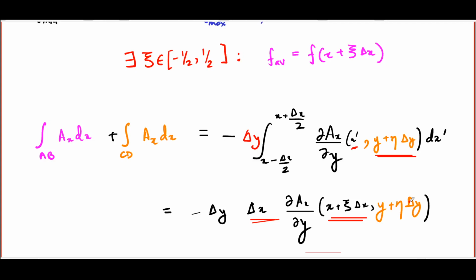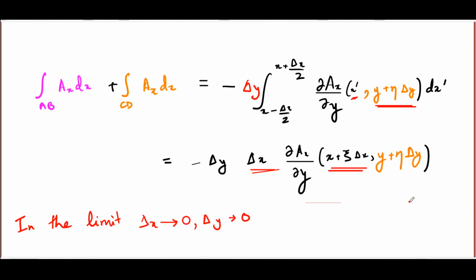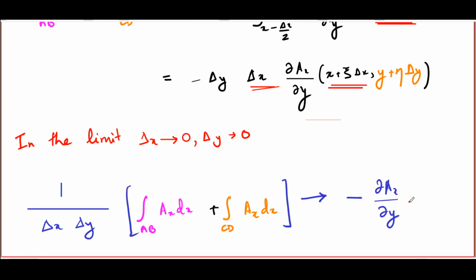Now the next part is where it all becomes rather simple. You're going to take the limit as delta x goes to 0 and delta y goes to 0 of this sum divided by the area of the loop, divided by delta x delta y, which means you're going to get del x del y's value evaluated exactly at the point x, y, because in the limit delta x goes to 0, delta y goes to 0, this term and this term go to 0.